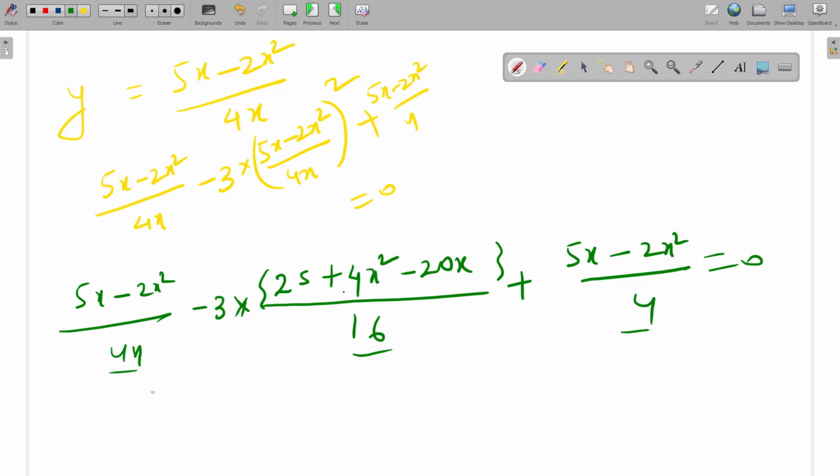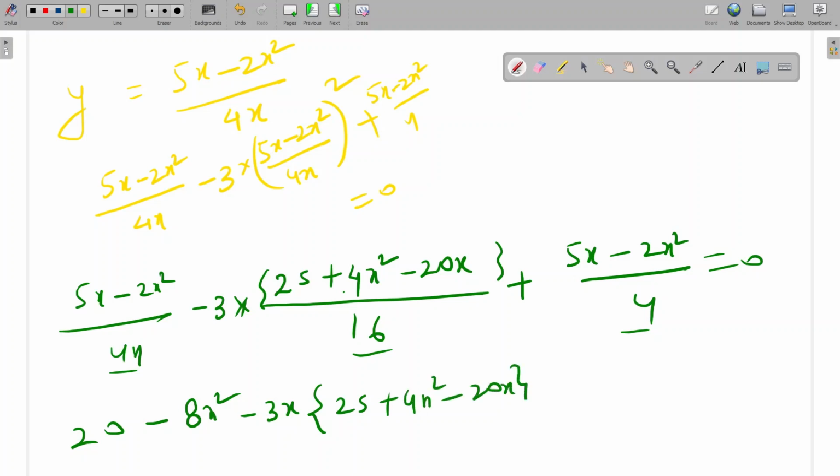Okay, so this will be 4 times. So 20 minus 8x square minus 3x, okay, 25 plus 4x square minus 20x.